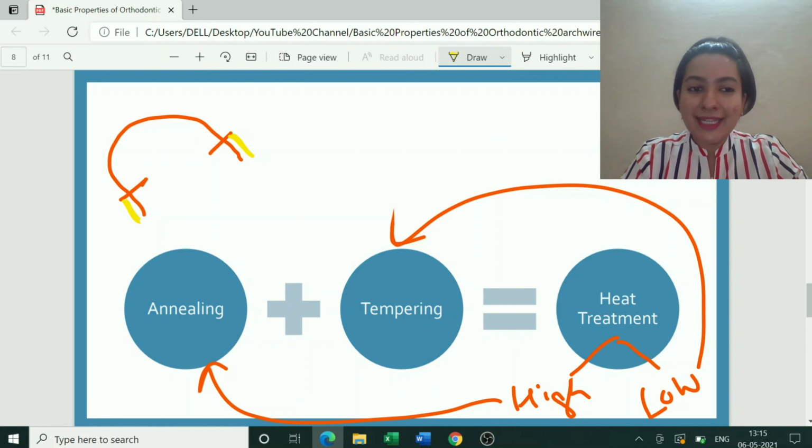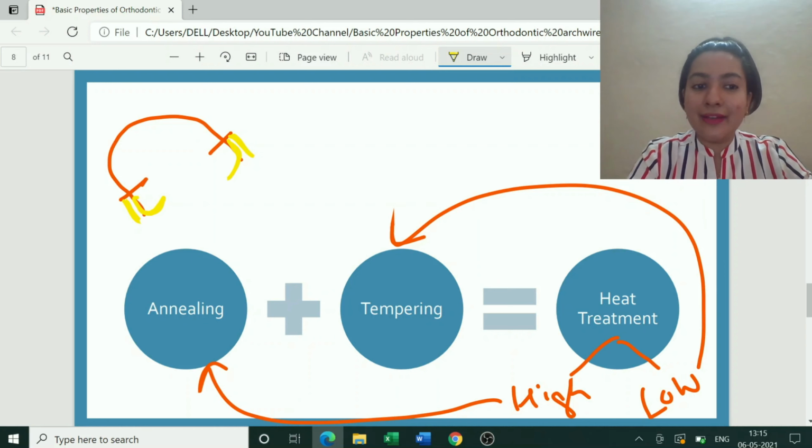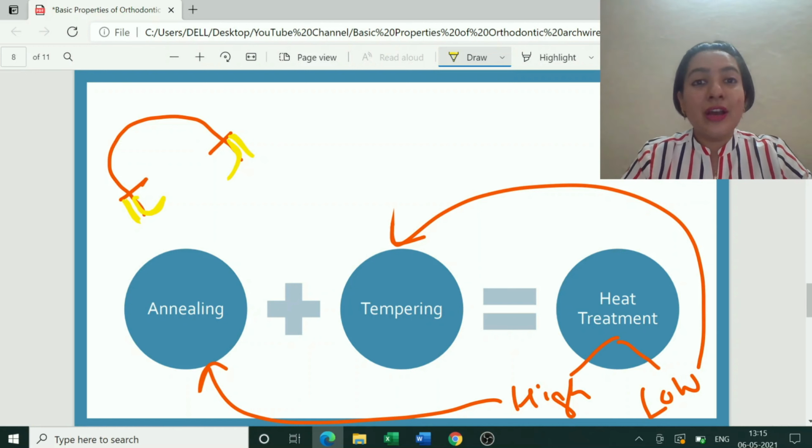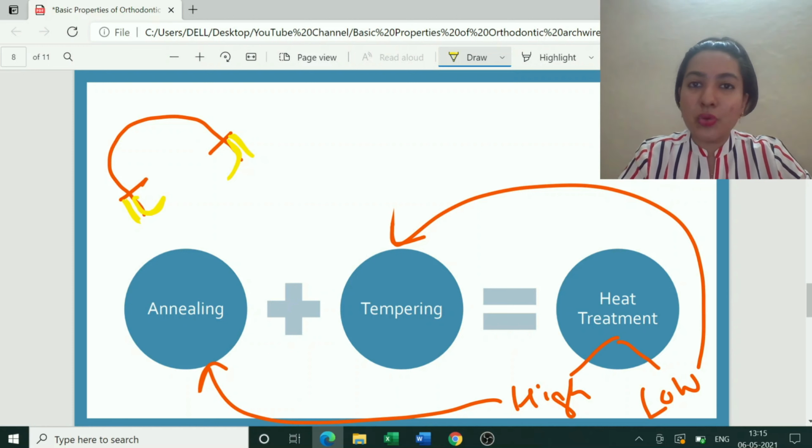After placing it back, I have the ability to bend this particular wire from the ends. What did I do? Annealing. So annealing is the procedure of heating the wire till it turns red hot, followed by quenching. This procedure is known as annealing.